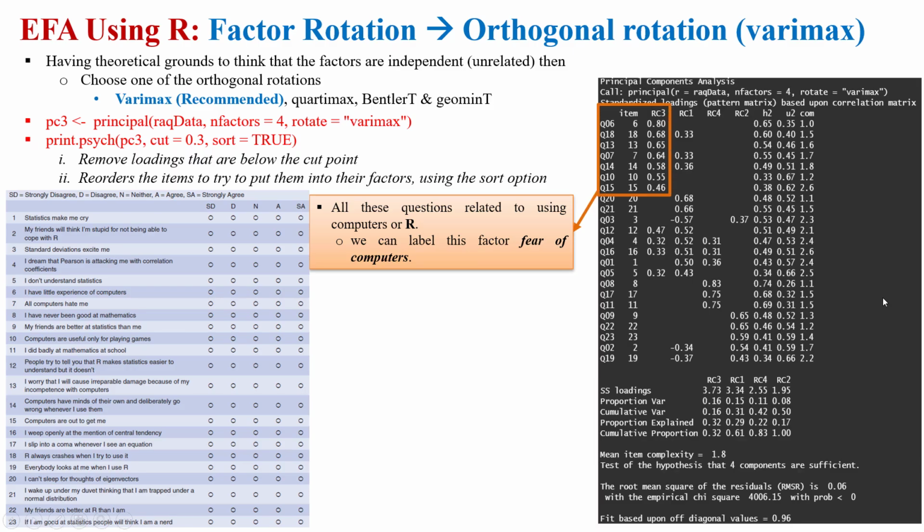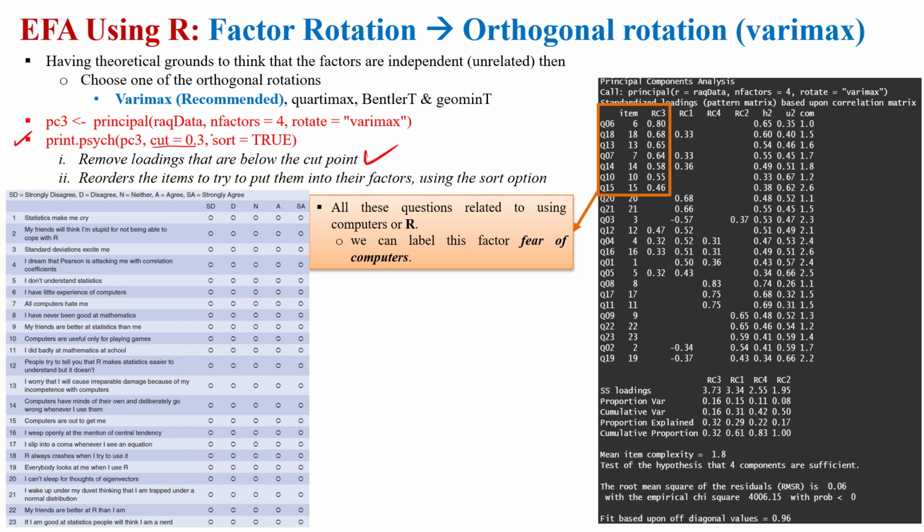First, we are giving the cut point: if the factor loading is 0.3 or less, we are not going to pick that item for this particular factor. Then it reorders the items and sorts them by factor.